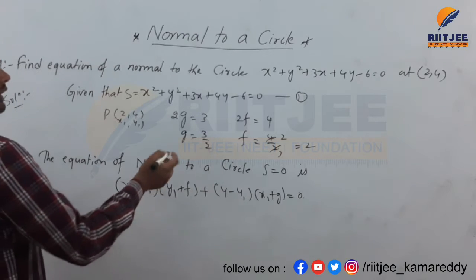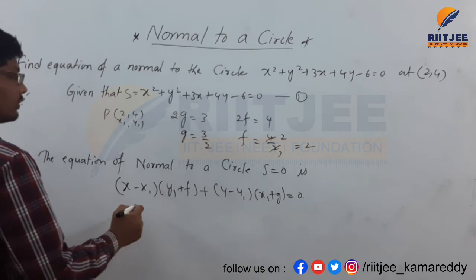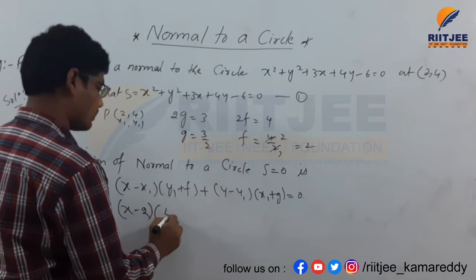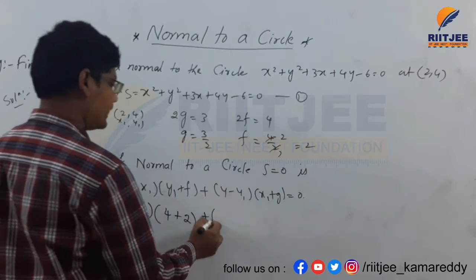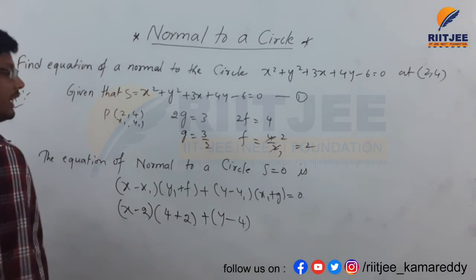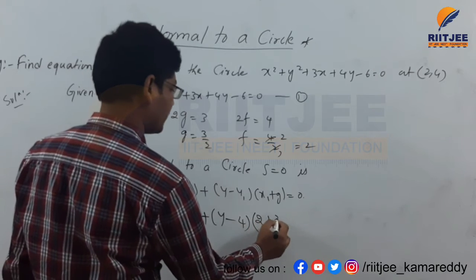And let's substitute x1 and y1 and g and f values in this expression. x minus x1, that is x minus 2, into y1 plus f, y1 is 4 plus f is 2, and plus y minus y1, which is 4, and x1 plus g, x1 is 2 and g is 3 by 2.